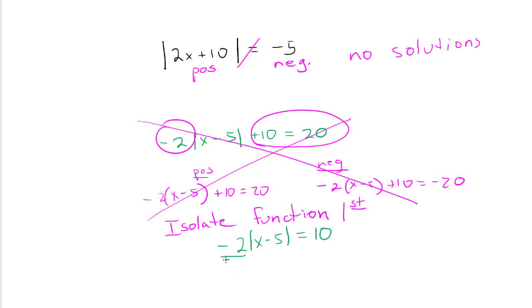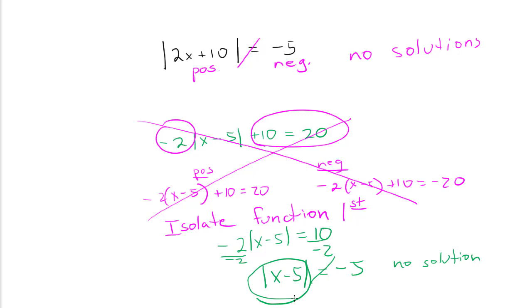Then I'm going to divide through by negative 2 on both sides. That isolates my absolute value expression on the left side, and it equals negative 5. Well, right away I see again, just as we saw above, this will not work. It'll have no solutions. But the important point is that only at this point, when I've isolated the absolute value by itself on one side, can I apply my positive and negative case solution. Don't try to do it when other things are going on with the expression.